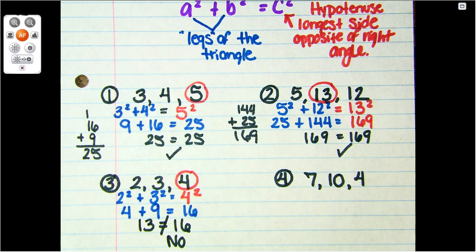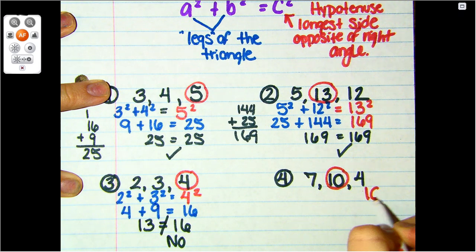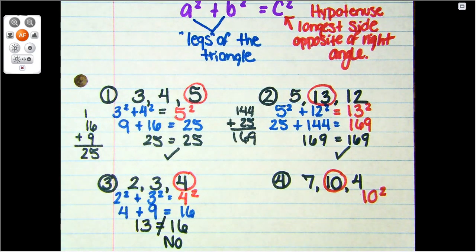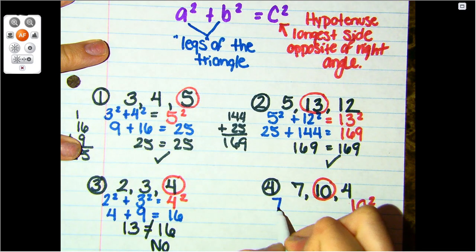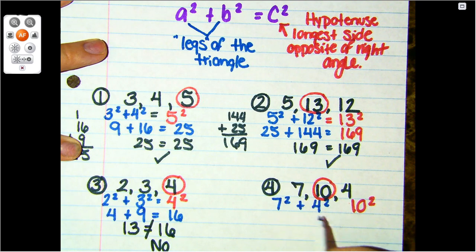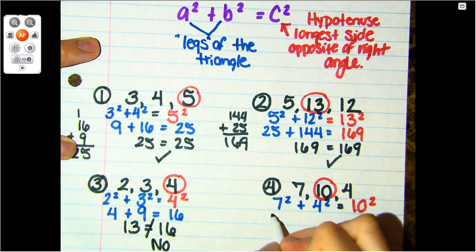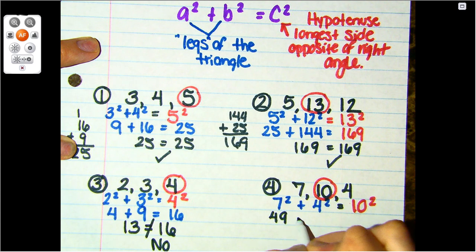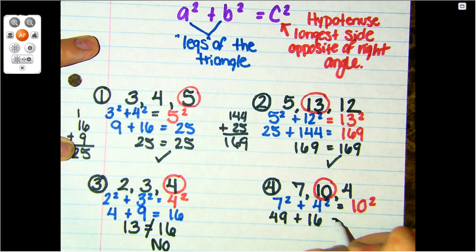Okay, number 7. You need to first locate your longest side. 10 is our longest side. And then we can flip-flop or interchange A and B, the legs of the triangle. So 7 squared plus 4 squared. Again, the order of those two does not matter. 7 squared is 49. 4 squared, or 4 times 4, is 16.